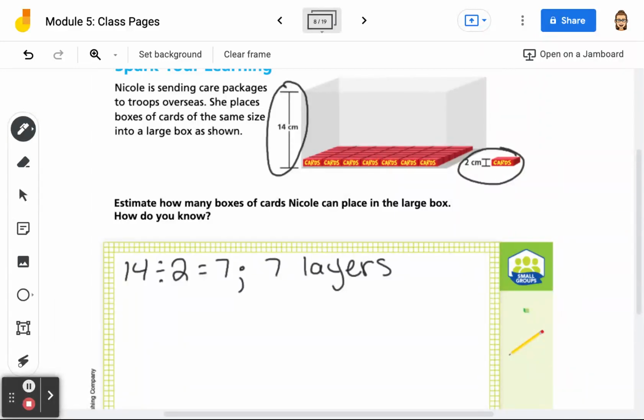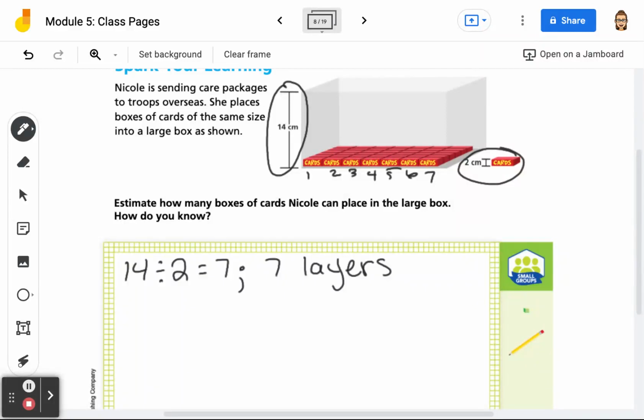Then I need to see how many boxes are in one layer. So if we look across here, we have 1, 2, 3, 4, 5, 6, 7.